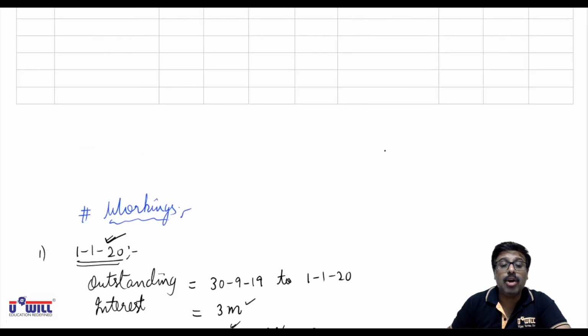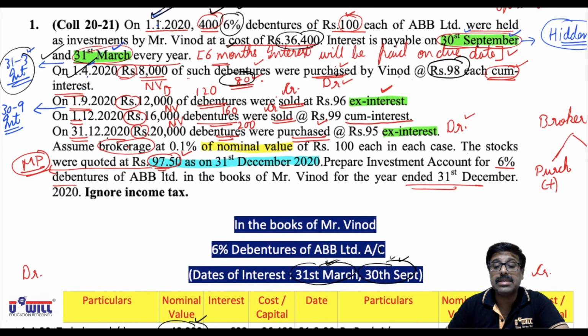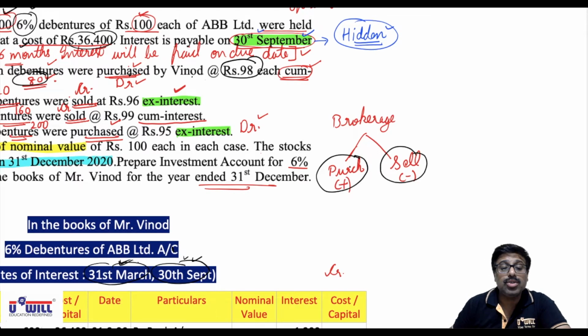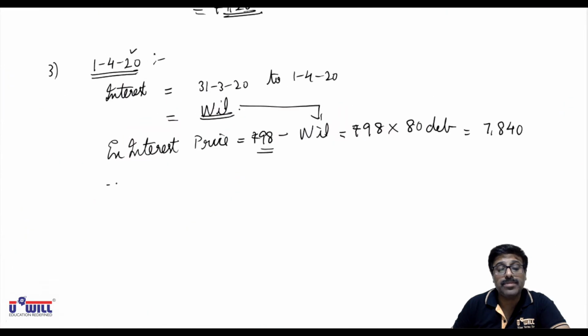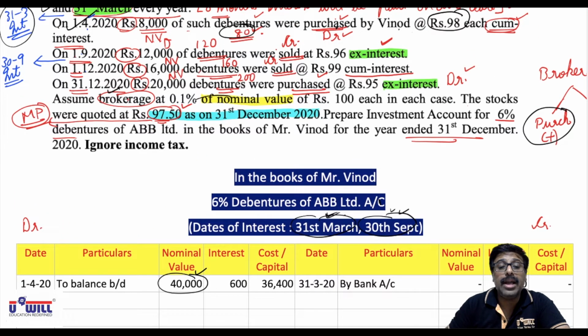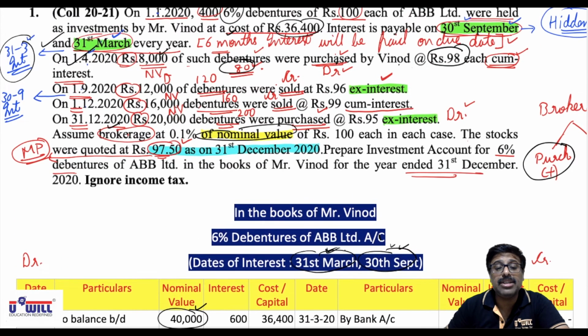But we will also add brokerage as I discussed. Brokerage will be added when you purchase, subtracted when you sell. So in this we will add brokerage. Now what is given in the question? That brokerage is 0.1% of nominal value. And nominal value is 8,000 of these debentures.